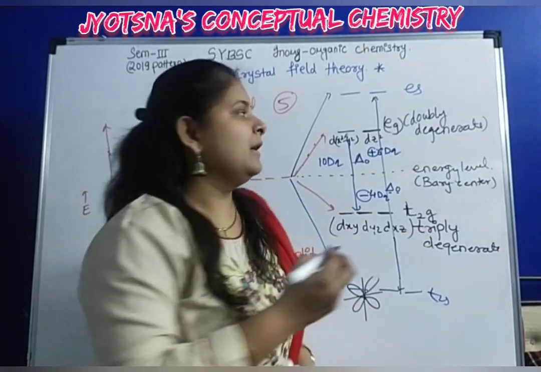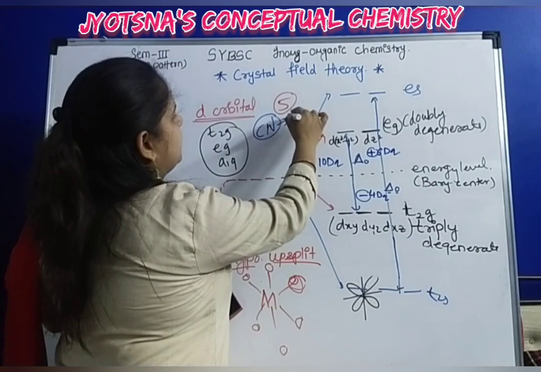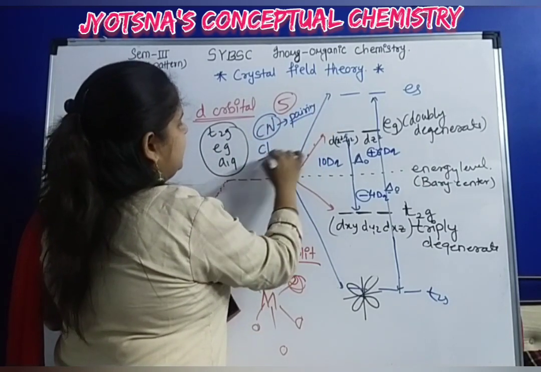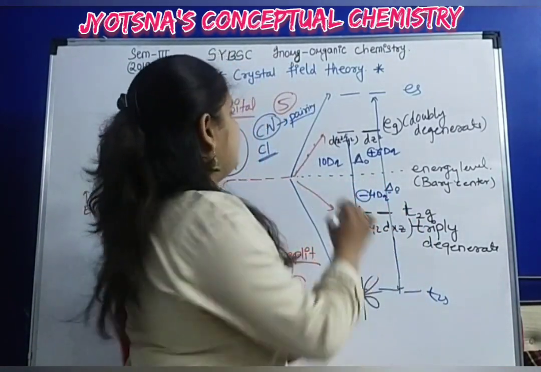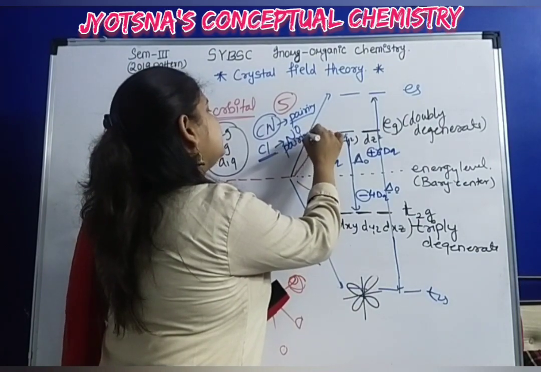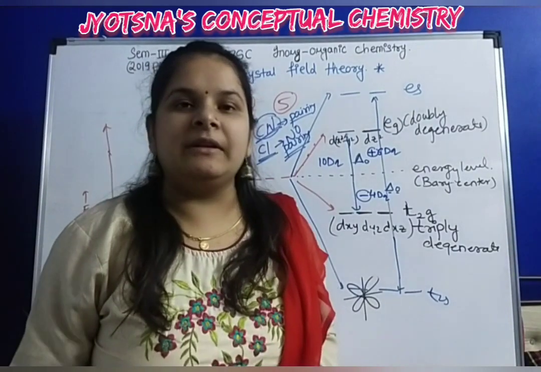When there was cyanide, a strong field ligand, pairing was happening. When there was chlorine, a weak field ligand, there was no pairing. What is the reason behind this? We will see now.